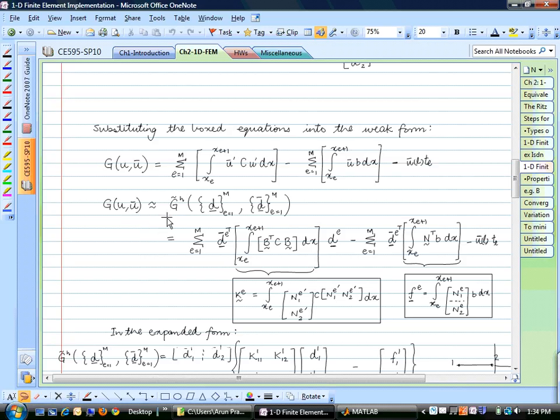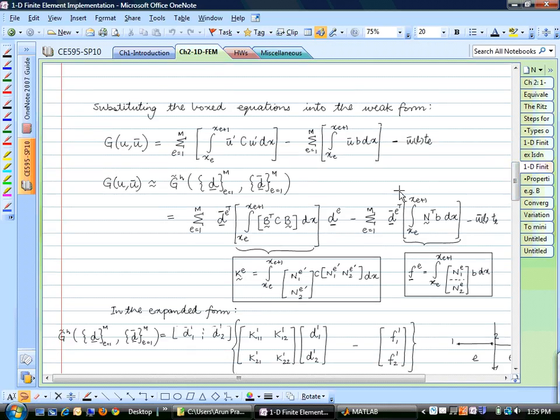This will be approximated by introducing our finite element shape functions, and we are going to denote that approximation with this G tilde of h, and h again just denotes that it has been discretized. In this case, this G tilde is a function of your nodal degrees of freedom. And if you substitute that in, all you get is the sum of all these terms over each element.